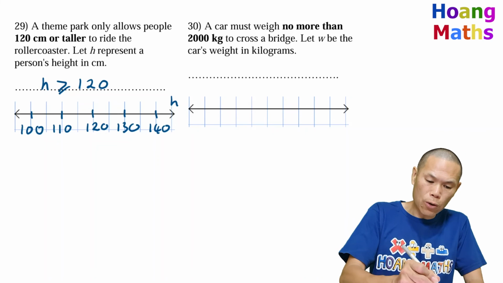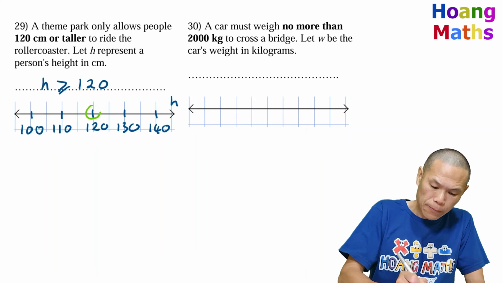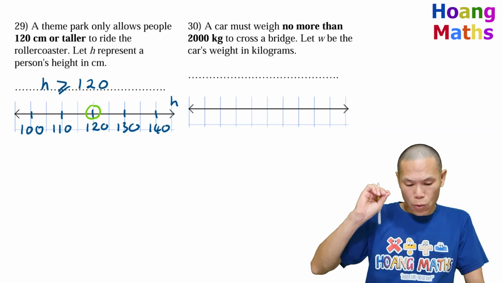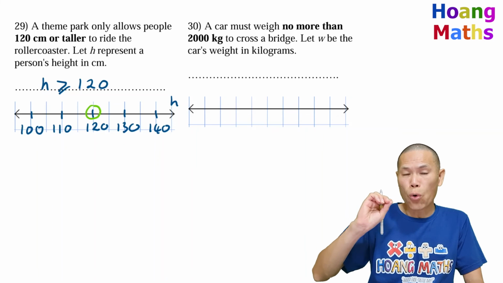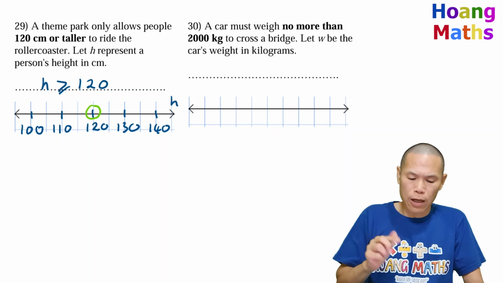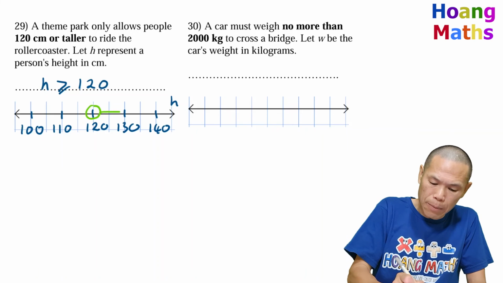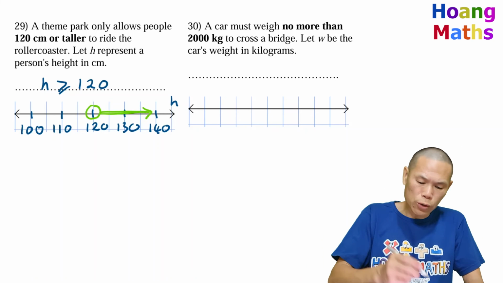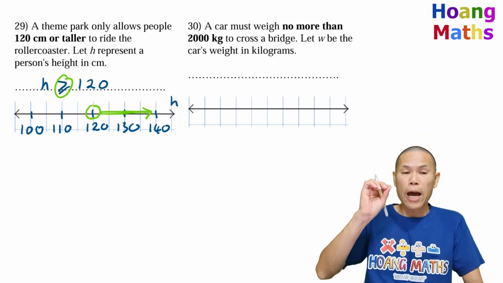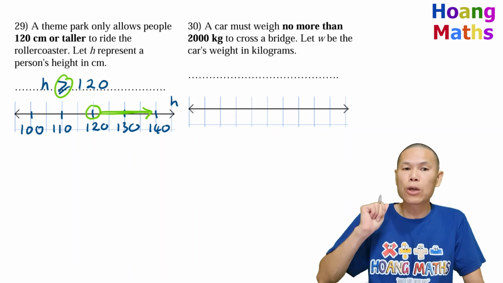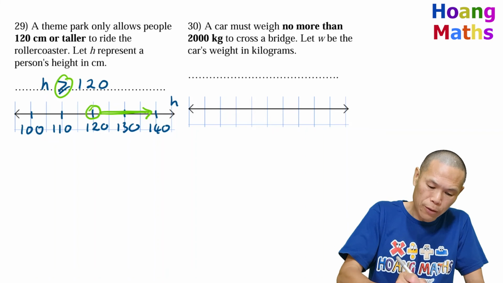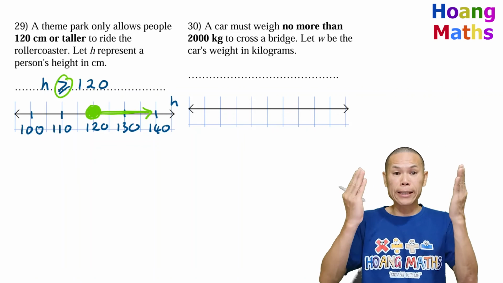And we circle 120, and we want to be greater than 120, so all the numbers on the right hand side of 120. These numbers here are greater than 120. And of course, we have an equal sign as well. h is greater than or equal to 120, so we need to fill up the circle. There you go, so that is the answer.